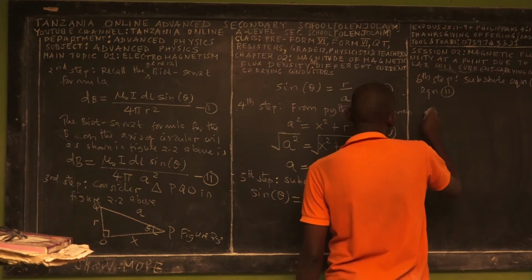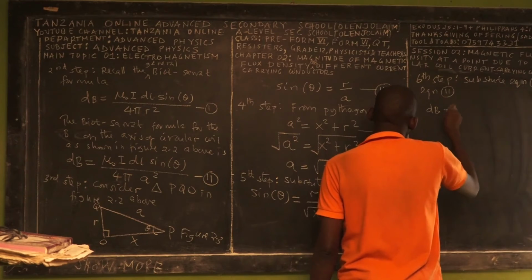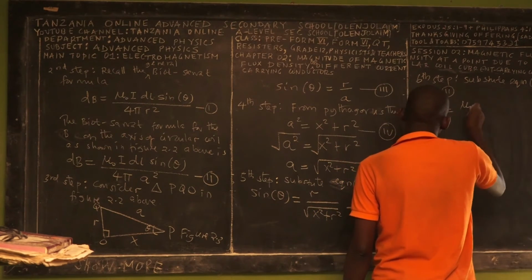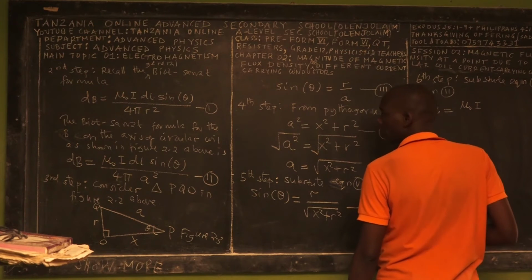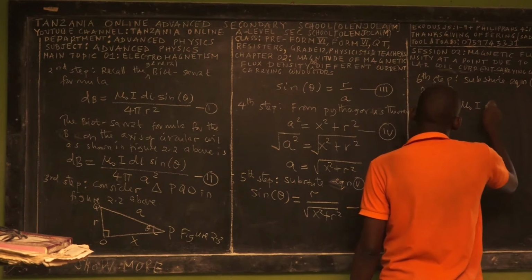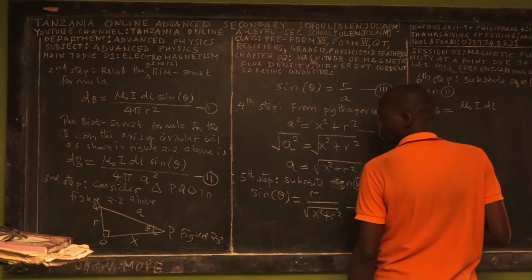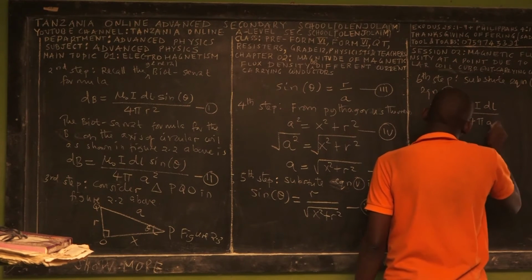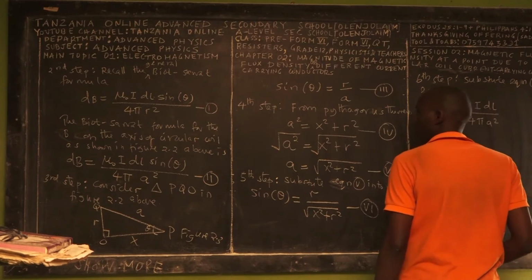In equation 2 we have the small change in magnetic flux density equal to the permeability of free space times electric current, then the small change in length, and then 4 pi times A square, times sine of angle theta.